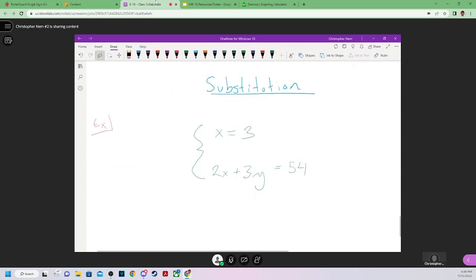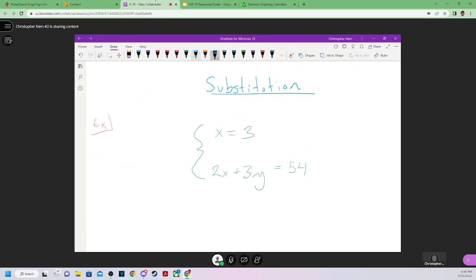For some of you, this might be your first time seeing it, but you do understand the idea of substitution, maybe just not with systems of linear equations. However, I'm hoping that by looking at this system, you can figure out what you should do in this problem. I'm going to leave you some time. Pause it real quick and see if you can figure out what you should do to solve this system.